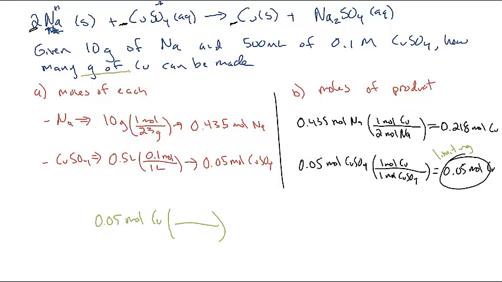I know 1 mole of copper is 63.5 grams. So I have much less than a mole, so I know it has to be less than that. But 63.5 grams per 1 mole. And again, I need to do this out. It's going to be something around 3, but 3.18 grams. So that's solving one out the entire way.